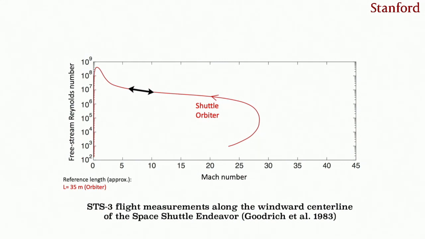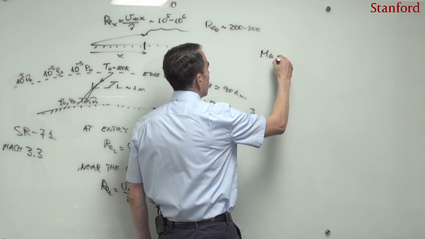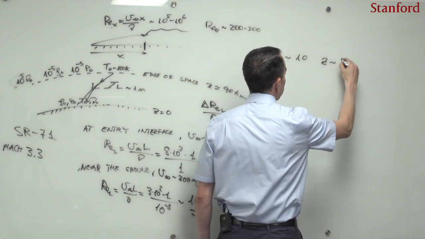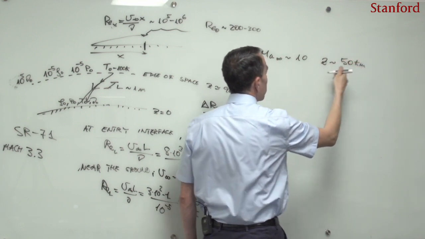So here you can see the trajectory of a space shuttle in this two-dimensional space, and one can subdivide it into laminar flow during the first 1,000 seconds, then at Mach numbers very close to 10, and at altitudes of 50 kilometers, this will happen. So at Mach 10, at an altitude of 50 kilometers, that will be the beginning of the transition period.